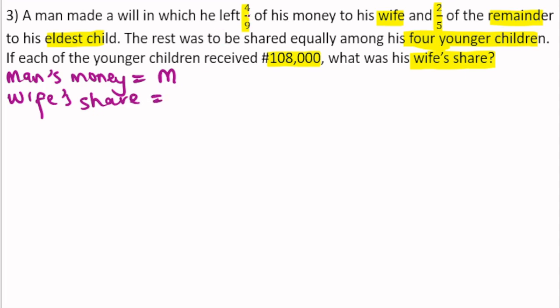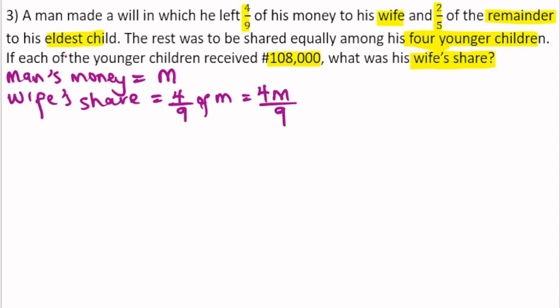The wife's share is 4/9 of his money, 4/9 of M, which gives us 4m/9.